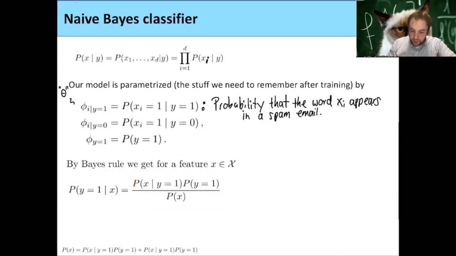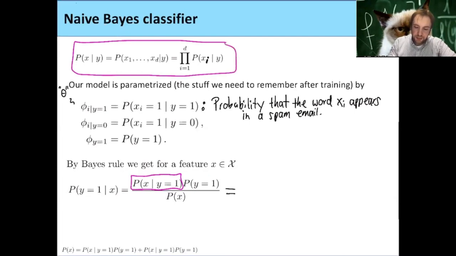But this we can now rewrite, because we learned this probability here. This is given here. So we can write this as a product, i goes from 1 to D, of these individual probabilities that a word appears in a spam email. So for example, in these cases, we have exactly the product of these numbers here.